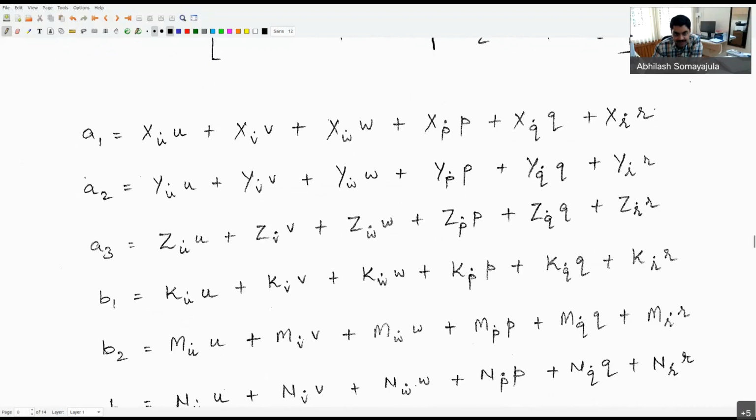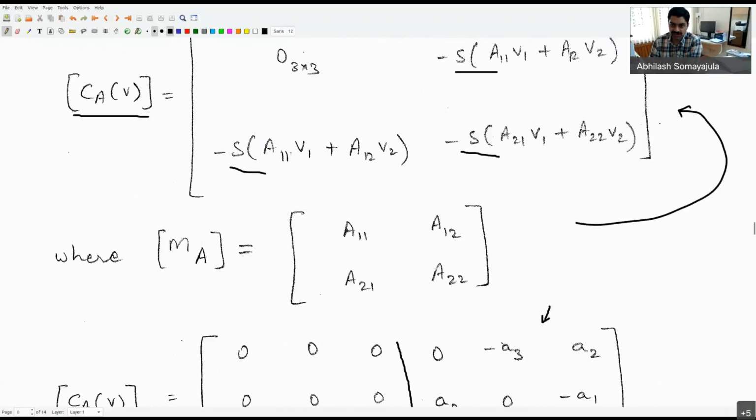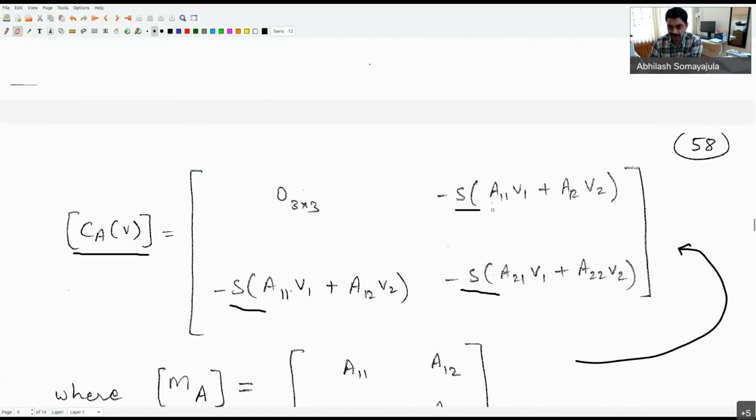If I look at them, you'll see that they are related to your added masses and the variables U, V, W, P, Q, R. So A1 here will be X_U dot times U plus X_V dot times V plus X_W dot times W, and so on and so forth. So how is this coming about? Why is this particular relationship coming about? It is coming about because I am doing this operation: A11 V1 plus A12 V2.